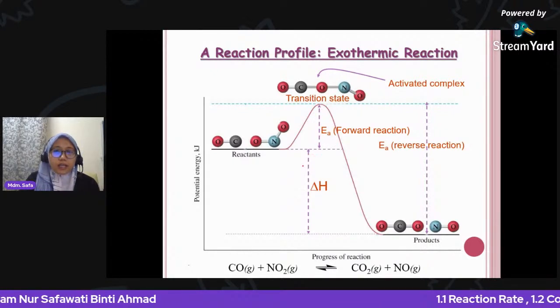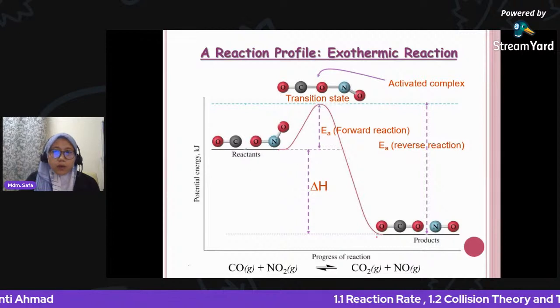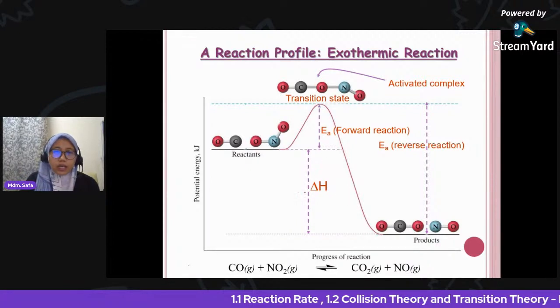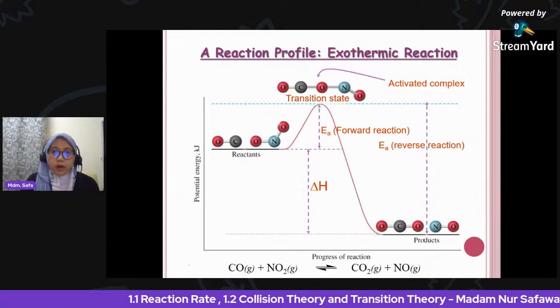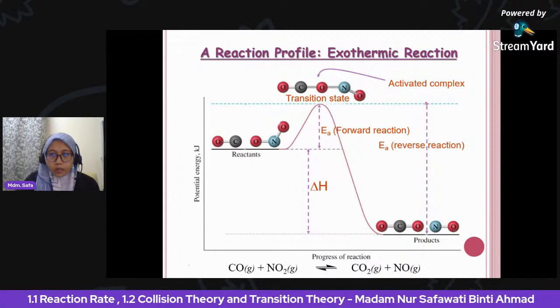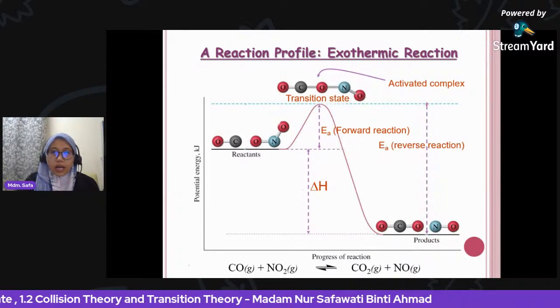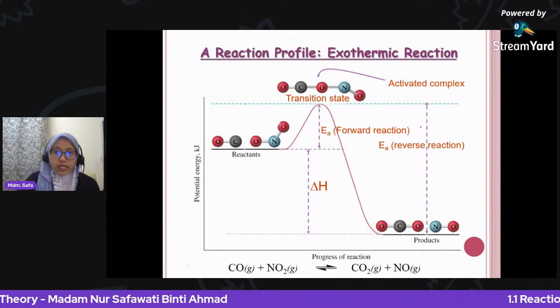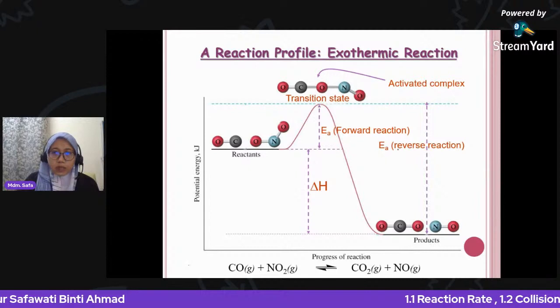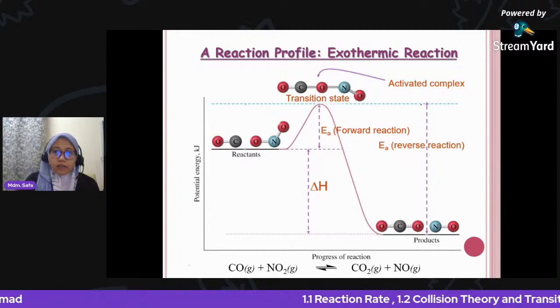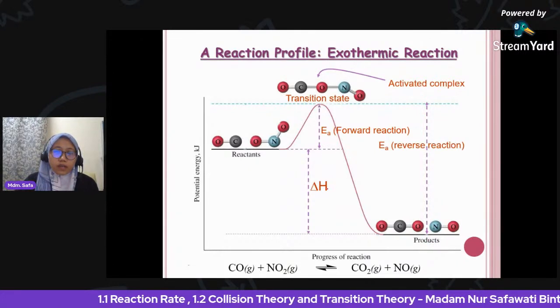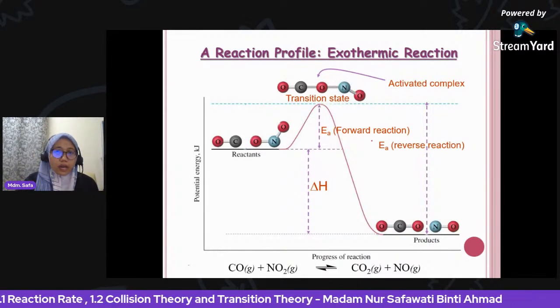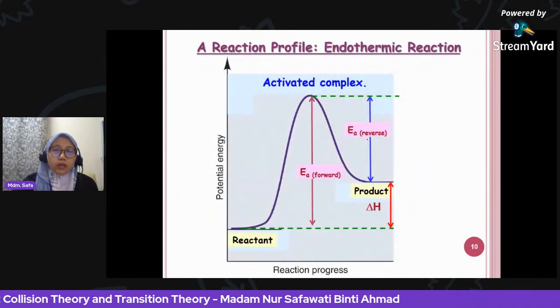And then reactant and product here, kita tahu dia adalah delta H, and then from the product to the top, to the transition state, adalah apa? EA for reverse reaction. So we can relate it: EA reverse reaction daripada bawah sampai atas is equal to the summation of delta H and EA forward reaction. So, untuk yang kedua adalah endothermic reaction.